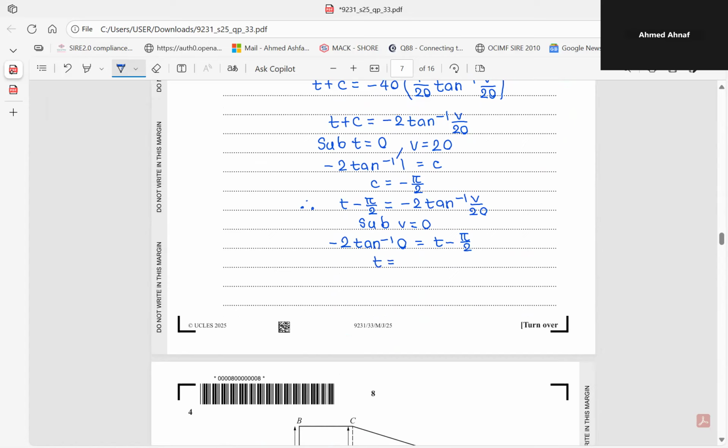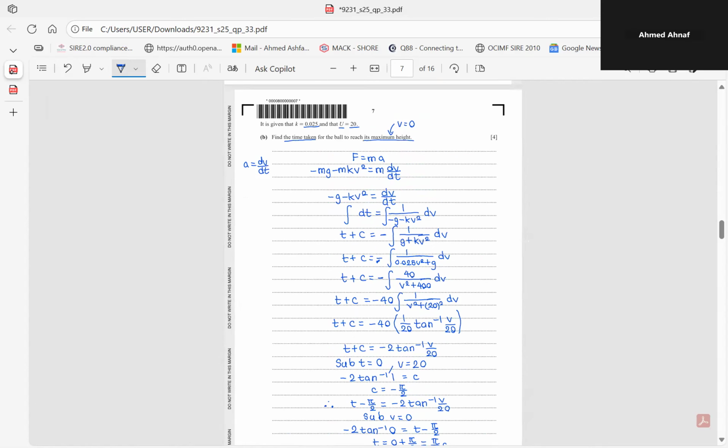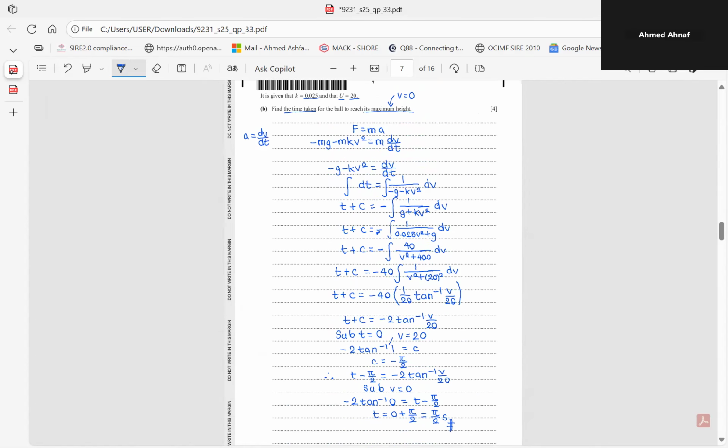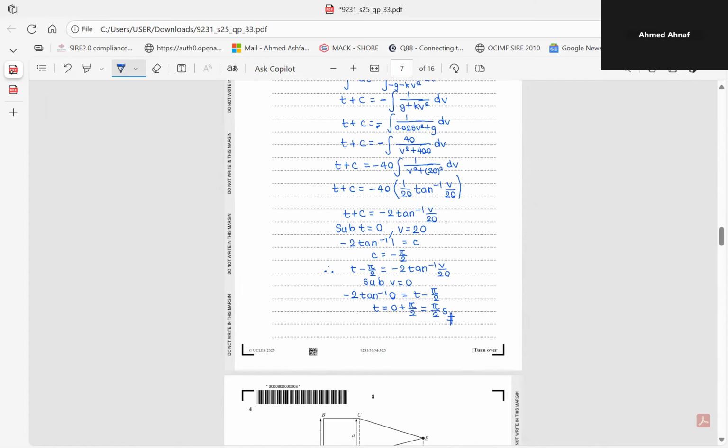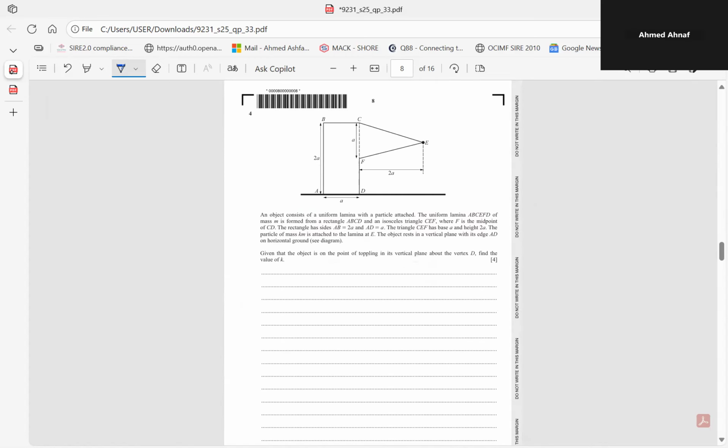You get t equals minus 2 times tangent inverse 0, you get 0, plus pi over 2. You just get pi over 2 seconds. So this is our final answer for the second part, as well as the entire question, pi over 2 seconds. Let's head on to the next question.